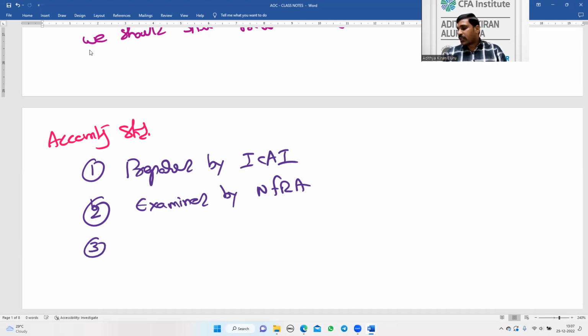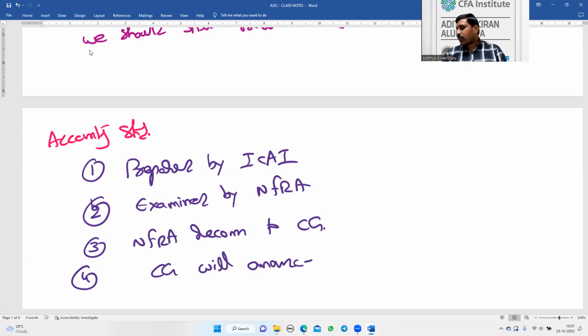NFRA makes recommendations to central government. Then central government will announce the mandatory accounting standards.